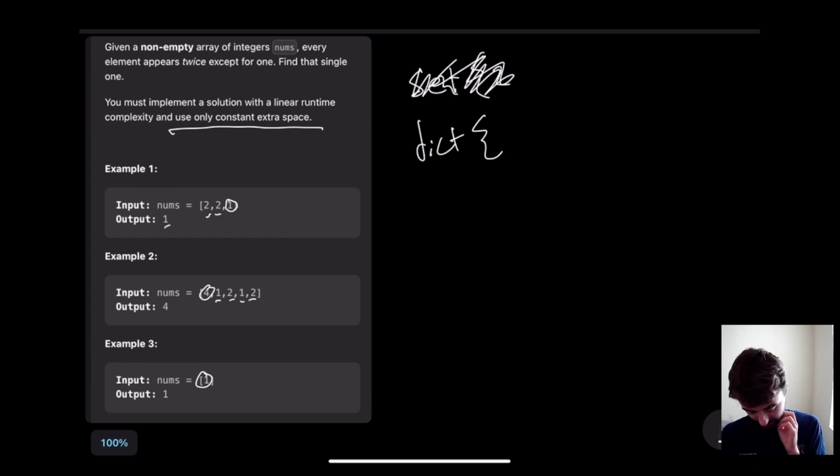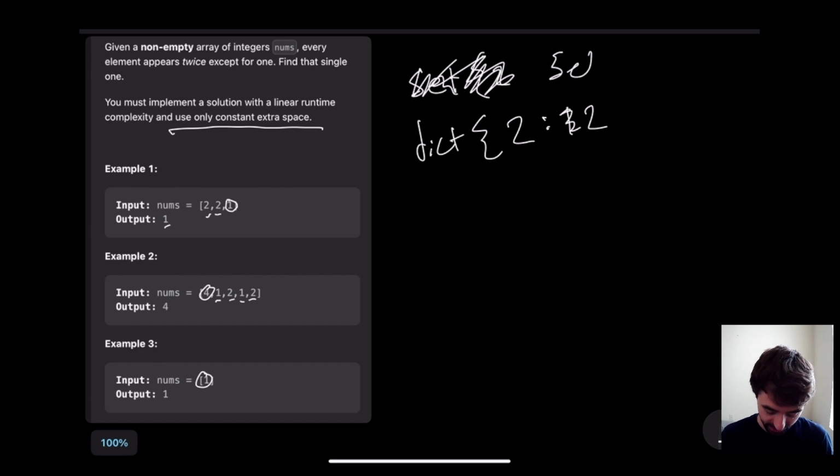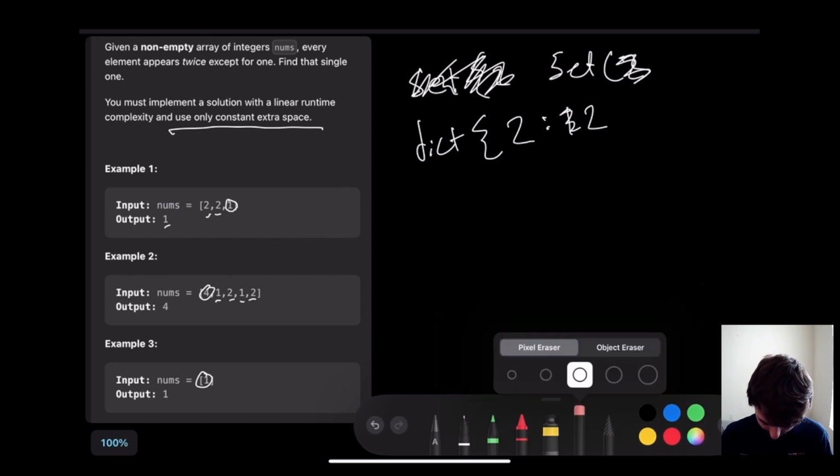So with a dict, I could put a 2 in, and then I've seen it once, and then when I see it a second time, I could increment this to 2. I guess you could use a set and add something when you see it the first time and remove it when you see it the second time, and then at the end there's only one left. But either way, these ideas would work quite well.